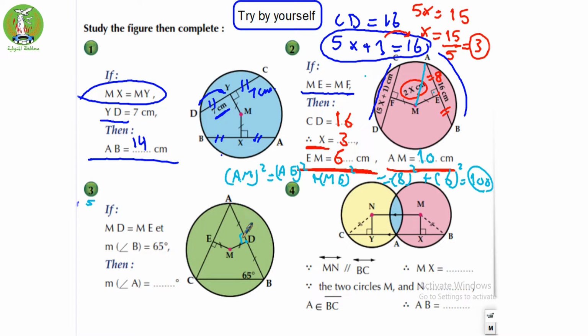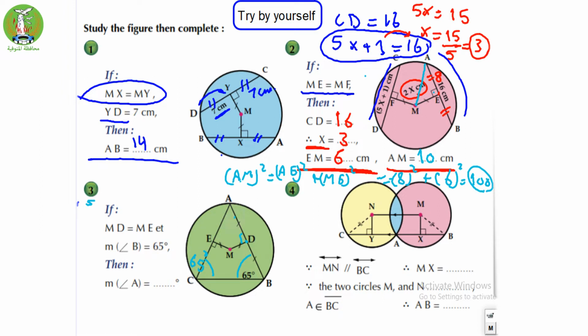Then AC equals AB. In this triangle, two sides are equal, so the triangle is called an isosceles triangle. Then measure angle B equals measure angle C. And measure angle B equals 65 degrees. Then measure angle C equals 65 degrees.